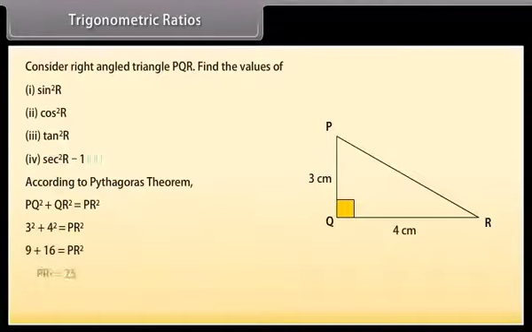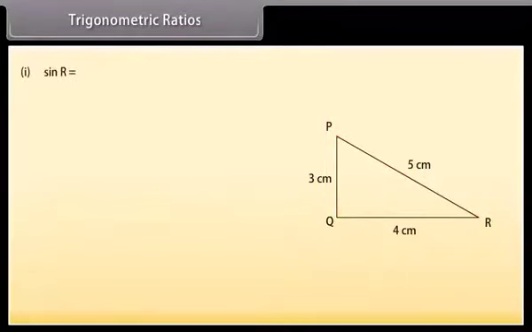Now, by calculating it, we get PR is equal to square root of 25, which is 5 centimeters. Now, sin R is equal to PQ upon PR, which equals 3 upon 5. Sin square R is equal to 3 upon 5 whole square, which is 9 upon 25.